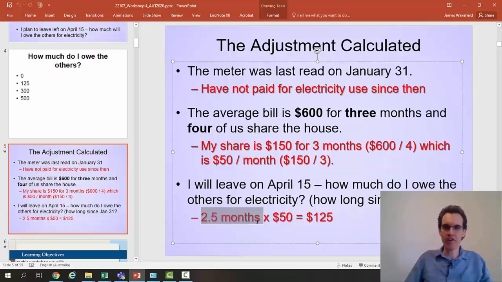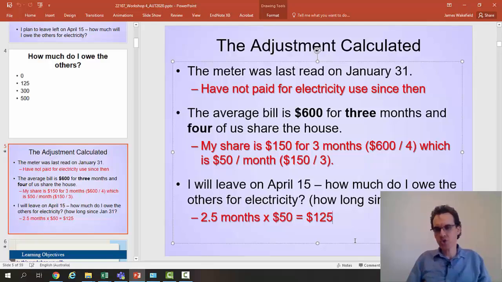That is 2.5 months of time. So if the average electricity incurred per month is $50 per member of the household, then that member owes $125 to the remaining housemates when they leave so they can cover their share of the electricity they've used up to and including the period they left, right? So they can cover the electricity they use from January 31 to April 15.